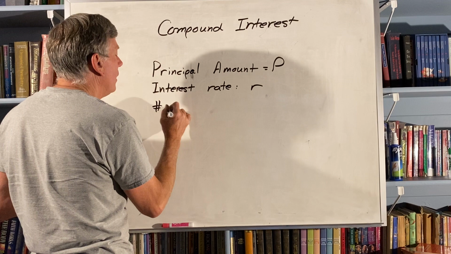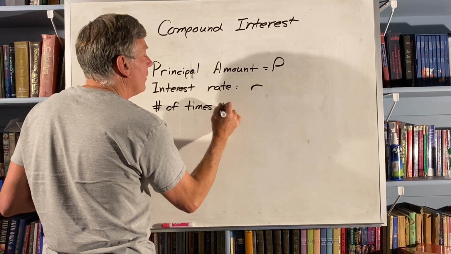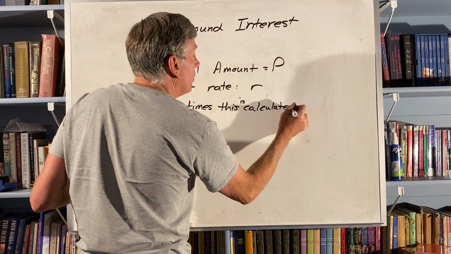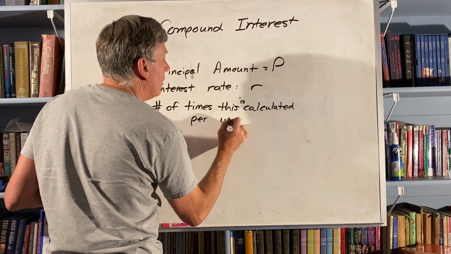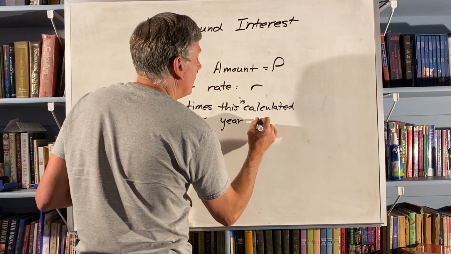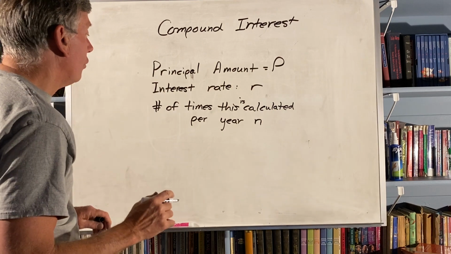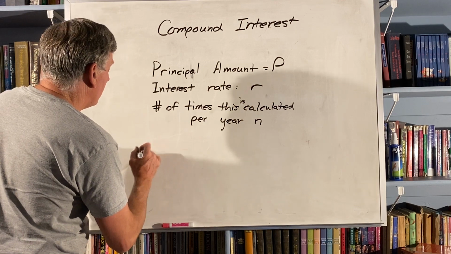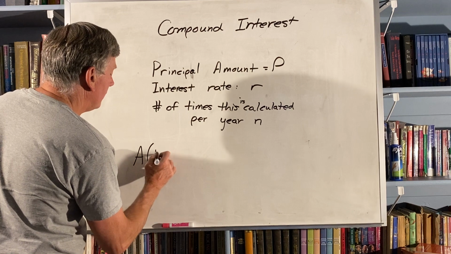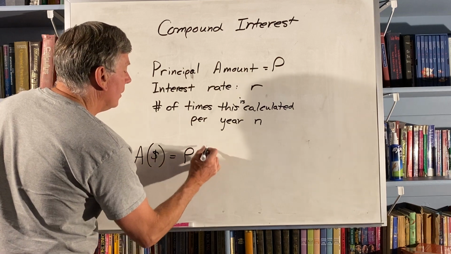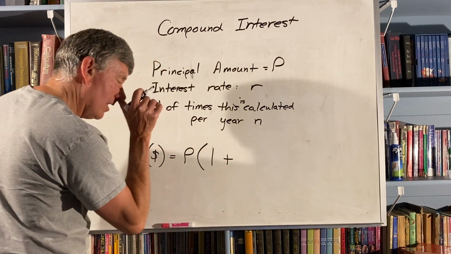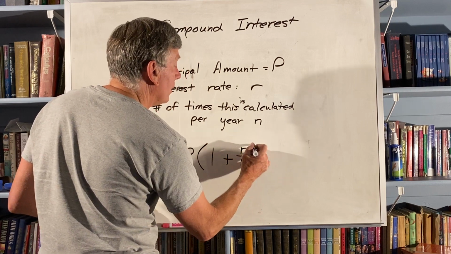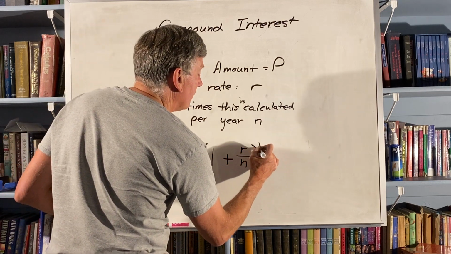Then you'd have the number of times this is calculated per year, and that is N. The way it is figured is the amount of money, let's say dollars, is equal to the principal times 1 plus the interest rate R divided by the number of times compounded, that fraction, and then you're going to take that to the power NT.